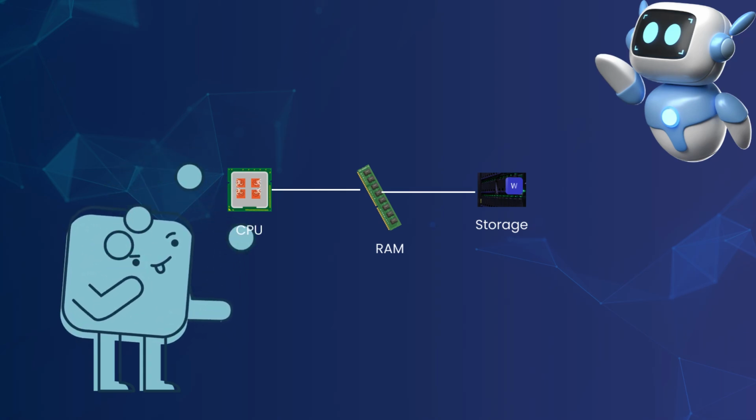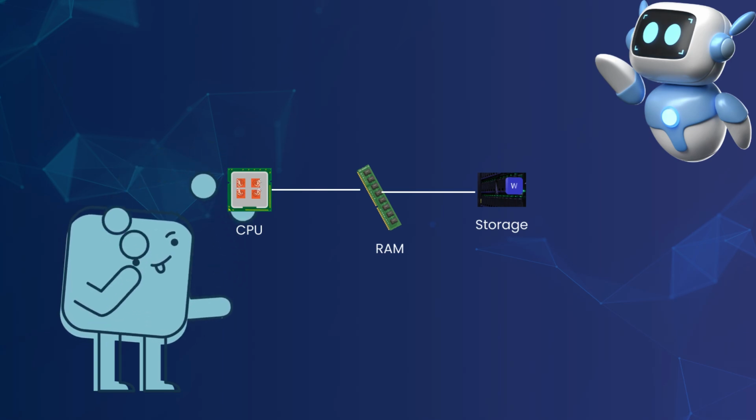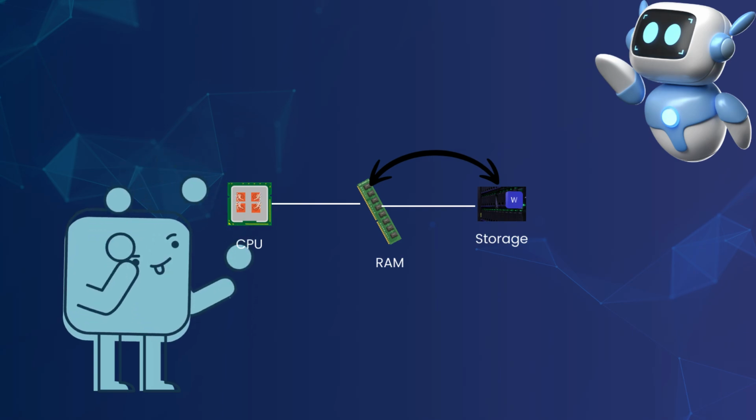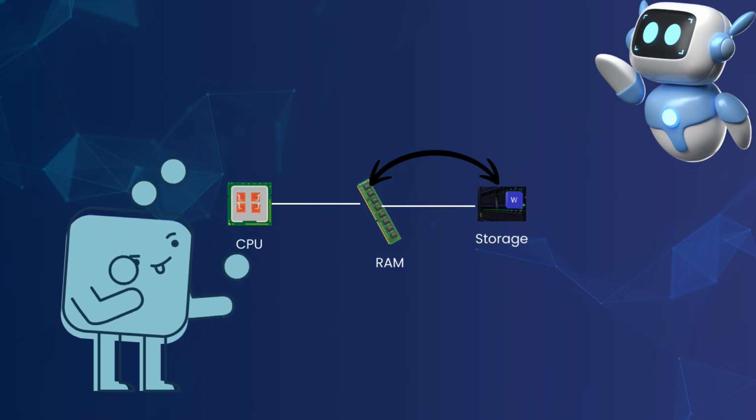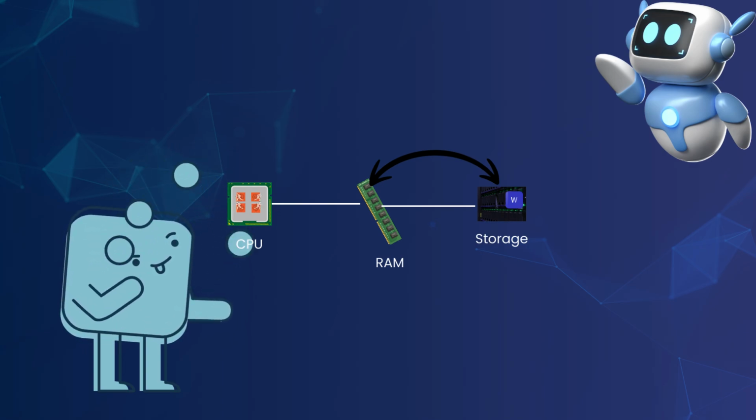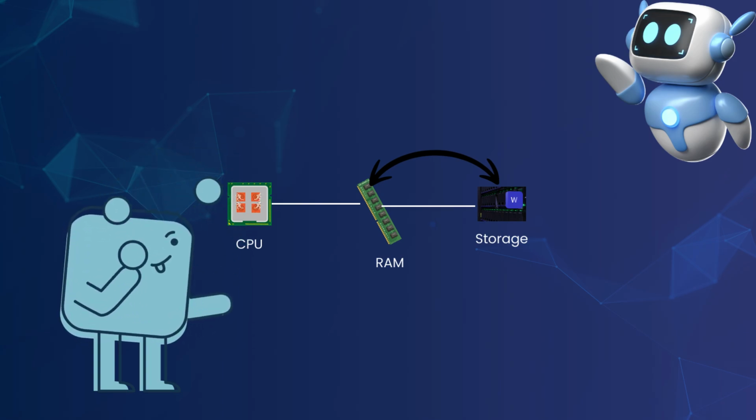So, how does RAM work? The data is stored in the storage as a program. All operations are controlled and managed by the operating system, as we previously saw. When you execute a program such as a Word document, the data and instructions needed to run that program are loaded from your hard drive into RAM, where it becomes a process.